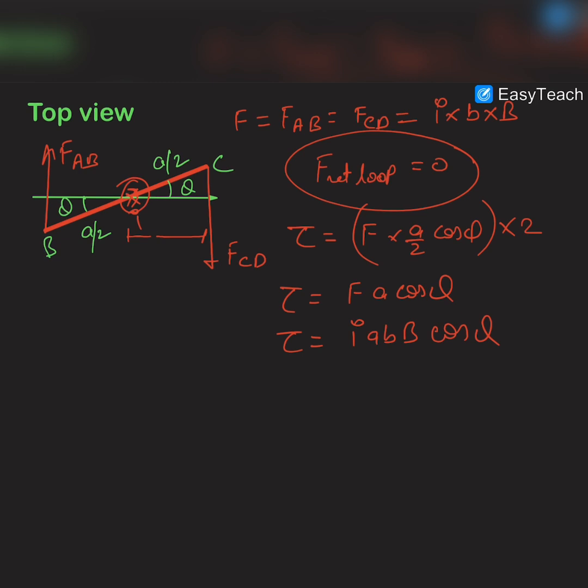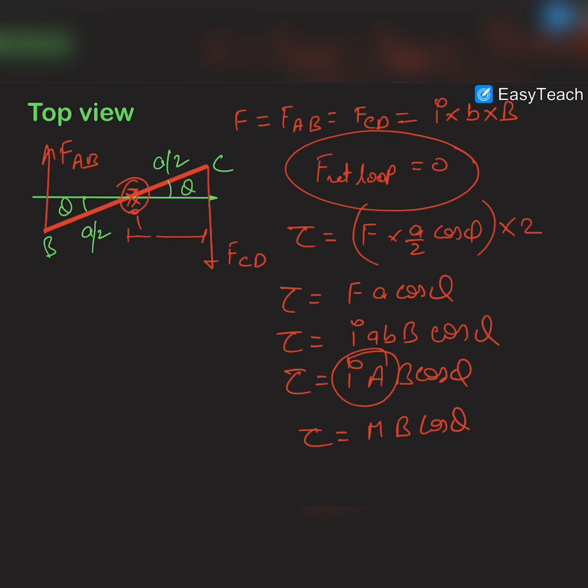Now we know that a into b is the area of the loop, so it would be I A B cos theta, and I into A is the magnetic moment of the loop. So this will be m B cos theta.